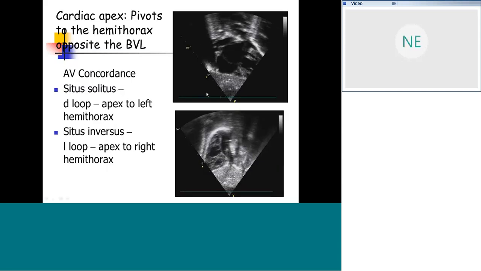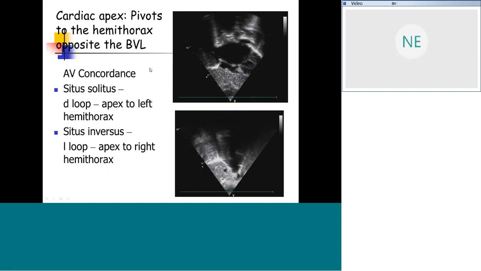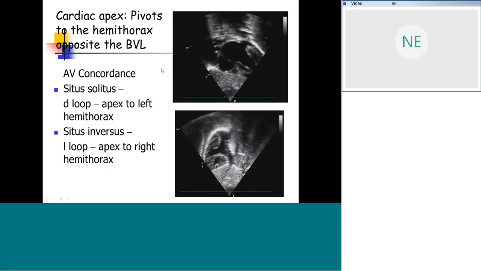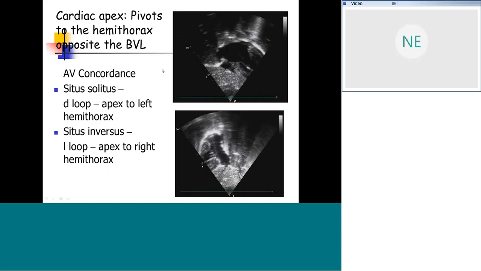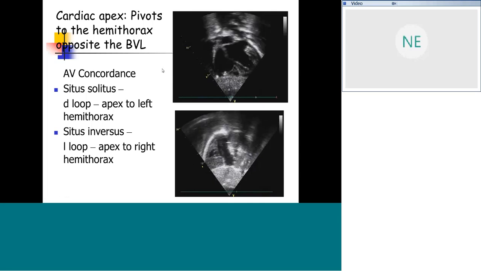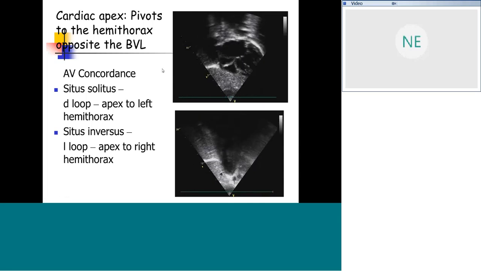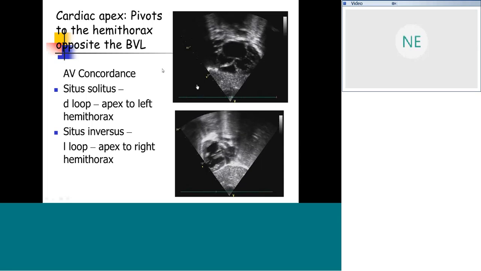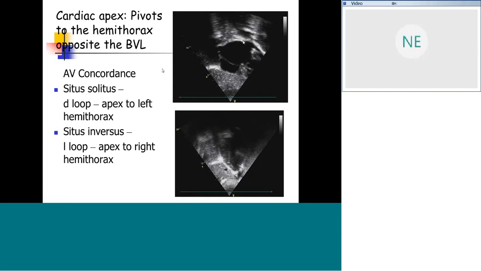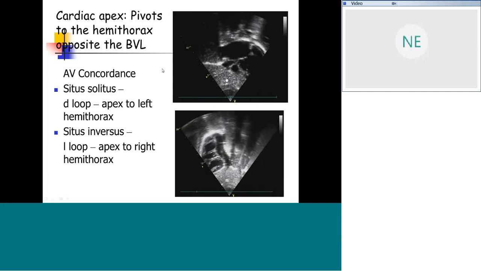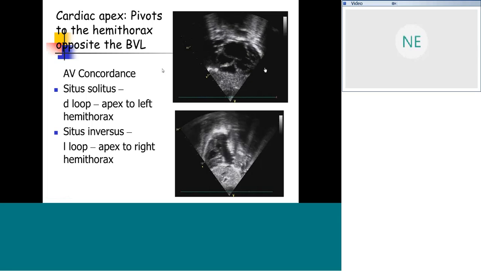Now, the second most important understanding is the cardiac apex. Now, remember that the position of the cardiac apex to some extent is based on the looping of ventricles, because the apex of the heart pivots to the hemithorax opposite the bulboventricular looping. This is a little complex understanding which happens during embryology, and this means that when there is atrioventricular concordance, that means there is situs solitus with D-looped ventricles, the apex usually sits into the left hemithorax.